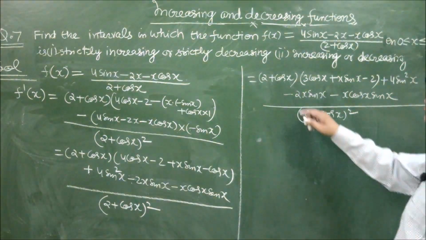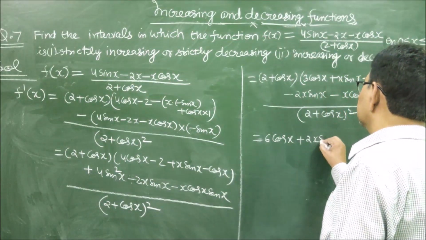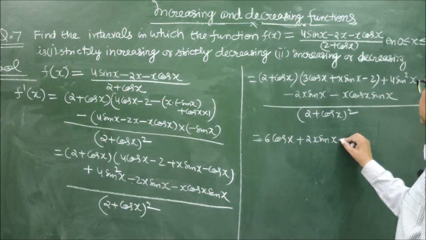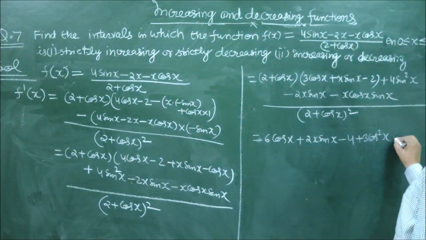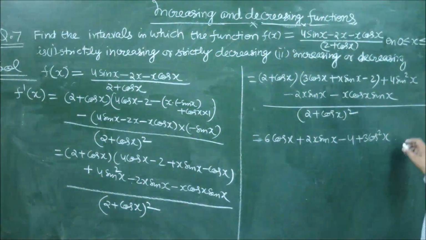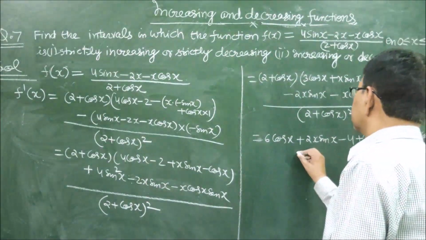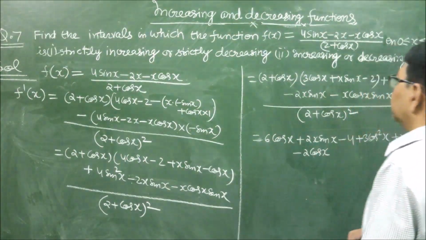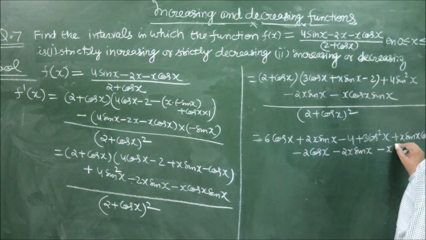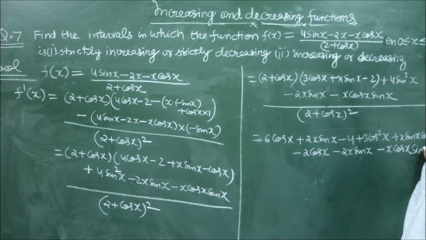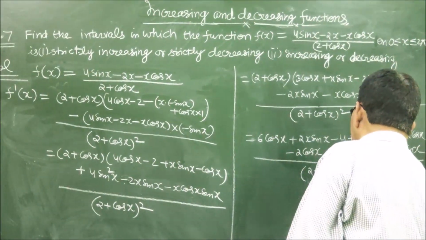On further simplification, 2 into 3, 6 cos x plus 2x sin x minus 4 plus 3 cos square x, then plus x sin x cos x, minus 2 cos x, minus 2x sin x, minus x cos x sin x, upon (2 + cos x) whole square.